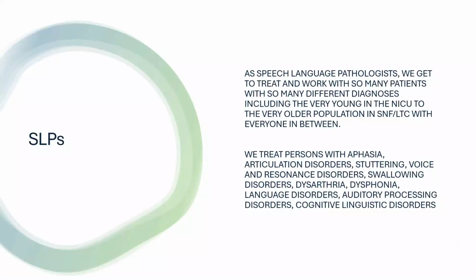Voice and resonance disorders, so you're having difficulty talking, you're having difficulty modulating. We work on that a lot here with our Speak Out program, but also on Mondays with our exercise class. Swallowing disorders, dysarthria, which is when the muscles are weak, and so we work on that, but it makes your muscles sound slurry and you have difficulty with intelligibility.